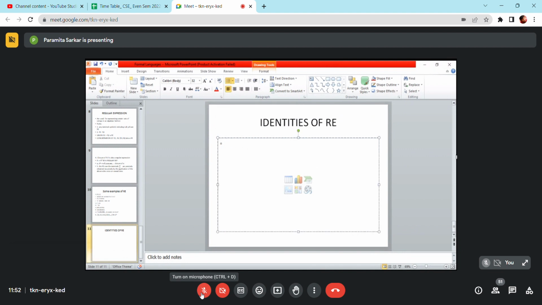In expressing identities, we use one symbol, that is phi. This denotes an empty set, not a symbol, an empty set.